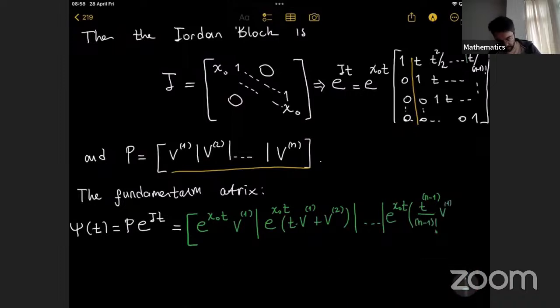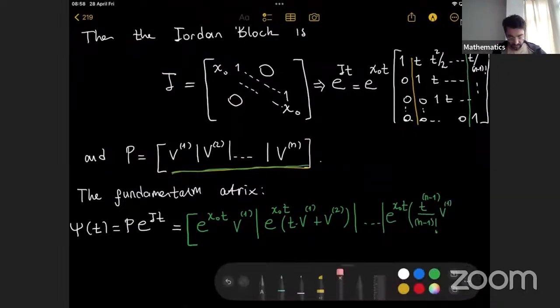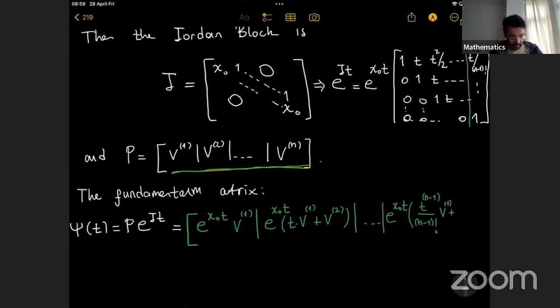So you take this column and this row here and multiply these two, dot product, and we get plus other combinations, right? At the end we have vn here. So this is the resulting fundamental matrix.